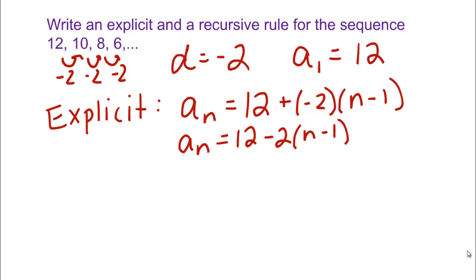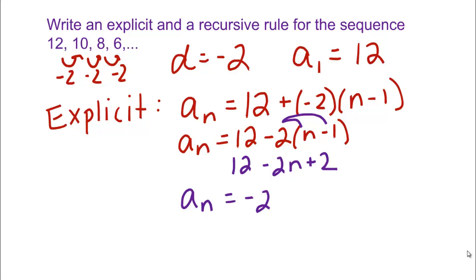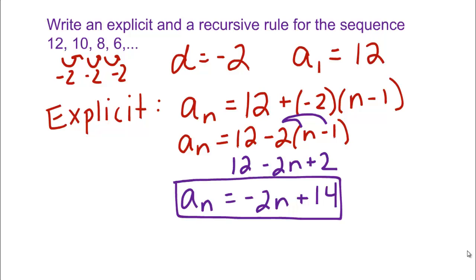So what you can do, if you wish, is distribute that -2 and combine like terms. a_n equals -2n plus 14. I like it when it's simplified sometimes, because now if I have to plug in, it's pretty easy. Just -2 times a number plus 14. Let's get our recursive rule.